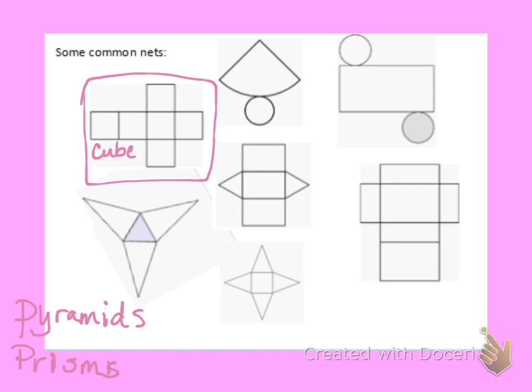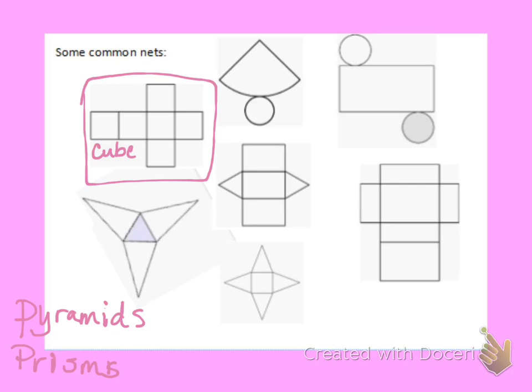The difference between pyramids and prisms is that one of them comes to a point and one of them does not. Which one do you think is going to come to a point?